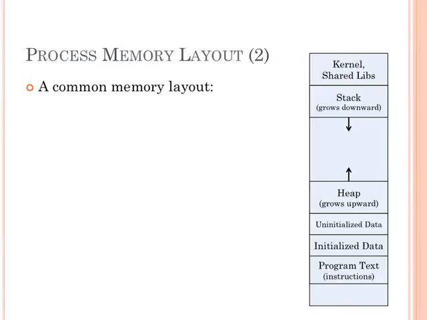So here is, I say, a common memory layout. It turns out to be the 32-bit Linux memory layout, so that's why we expose you to it, so that you can become familiar with it. But you can see that we start with program text at the bottom, and I should also say address 0 is at the bottom, and the address goes up. I guess that's convention in this class. So program text comes first, then initialized data, stuff with values that you specify at compile time.